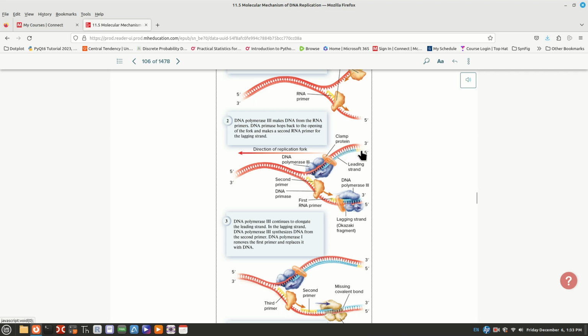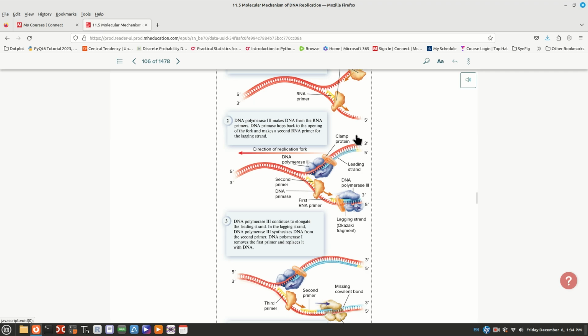And the primer is what allows DNA polymerase 3. Now, you do have to know the difference between 1 and 3 here. When we do RNA polymerase, we only learn about one of them. There are many RNA polymerases as well, but we only needed to know one. Here, DNA polymerase 3 has a unique function.